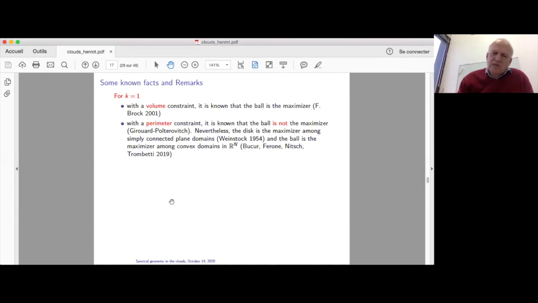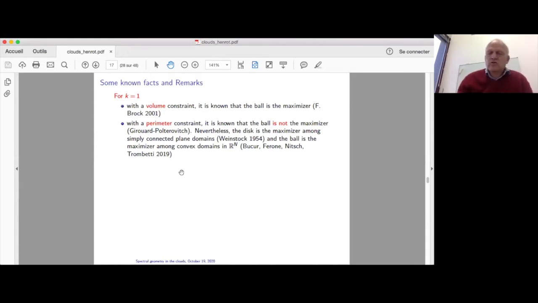When you look at the maximization with the perimeter constraint, it's known that the ball is not the maximizer. For example, look at the survey paper by Alexandre and Yosif. When you dig a little hole inside the ball, you are able to increase the product perimeter times sigma 1.